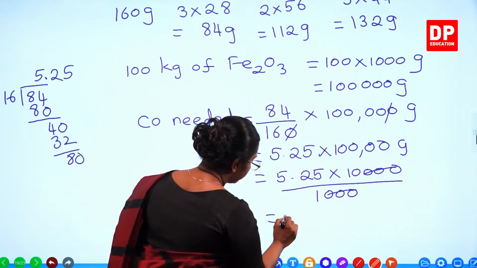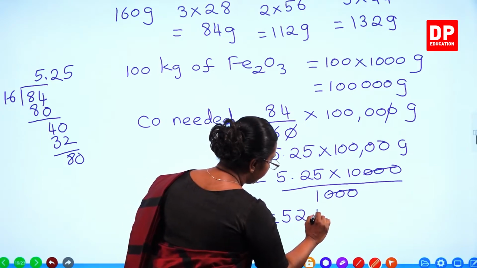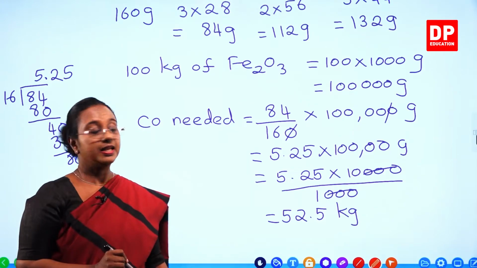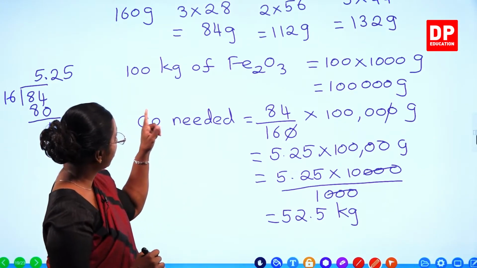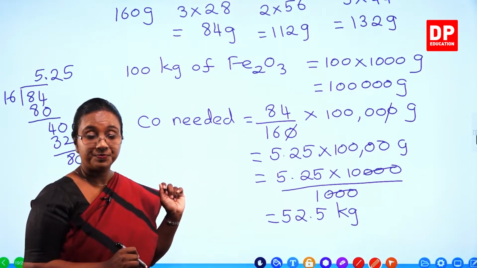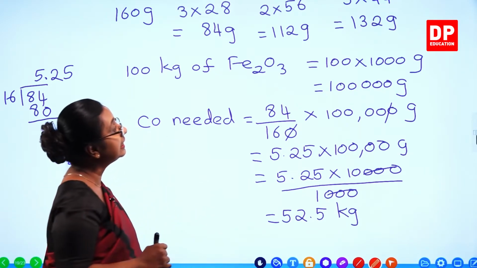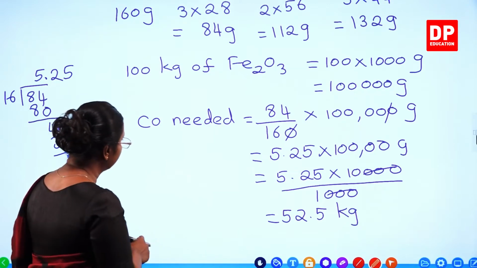So of course you will need 52.5 kilograms of carbon monoxide. That is the amount of carbon monoxide that we need. Is that clear, students?